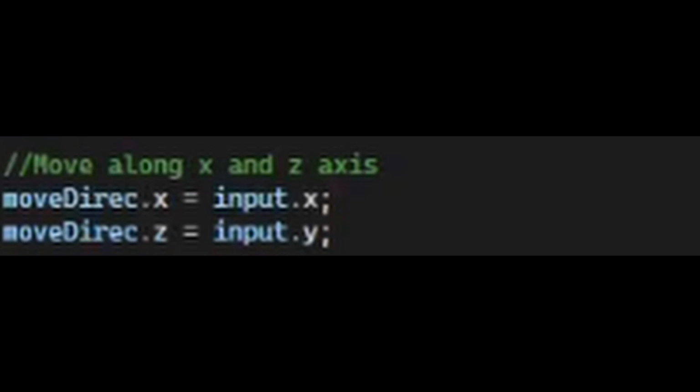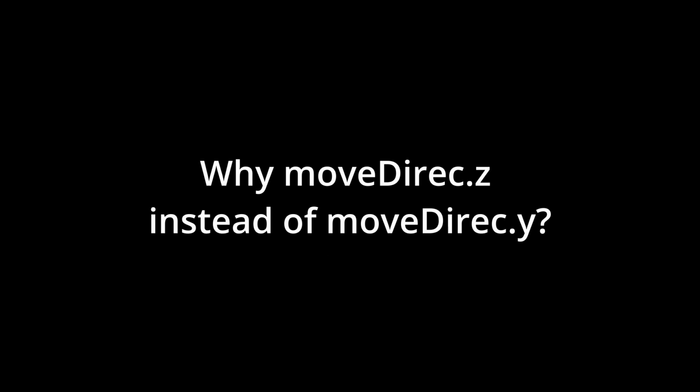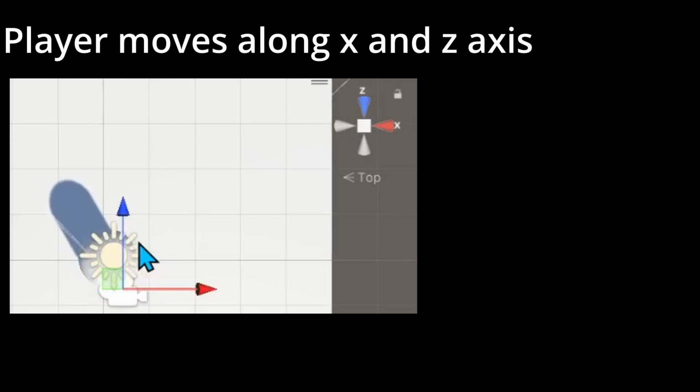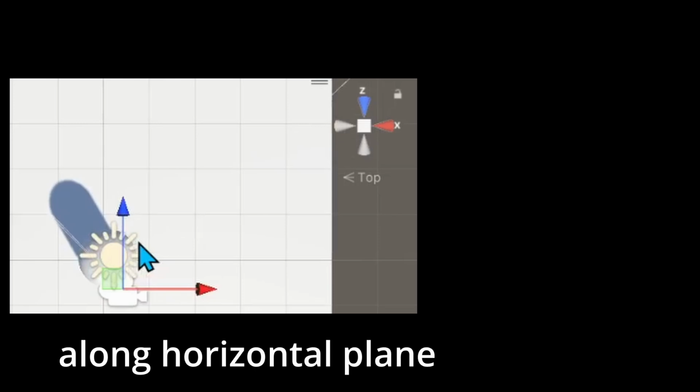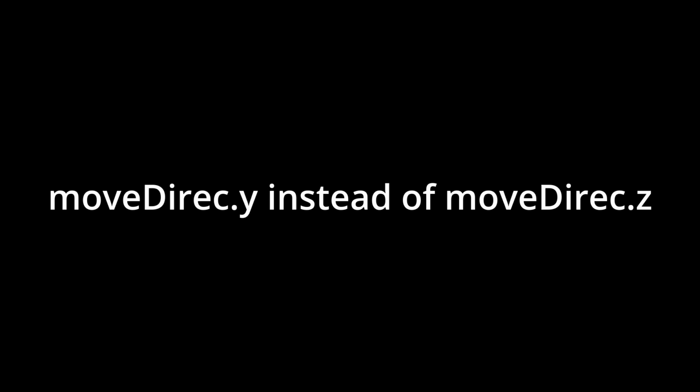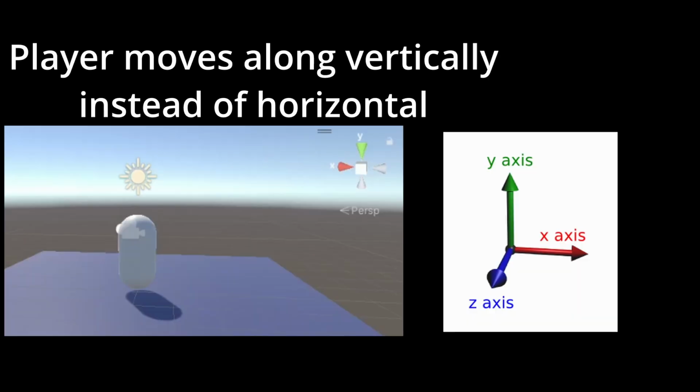Now here's the thing, why did we take z instead of y? Well, that's because our player is moving along the x and z axes horizontally on the plane. If we gave it the y, it would be moving up along the y-axis, which wouldn't make sense in this 3D space.